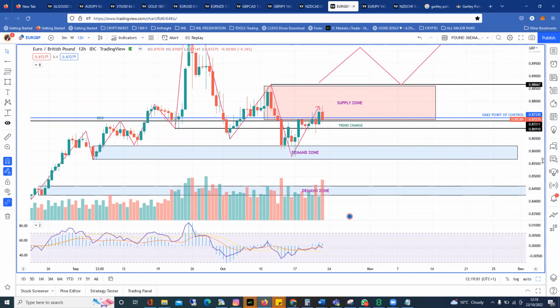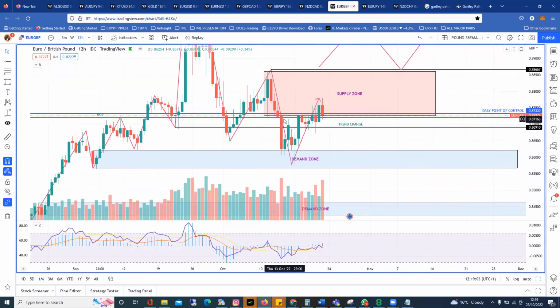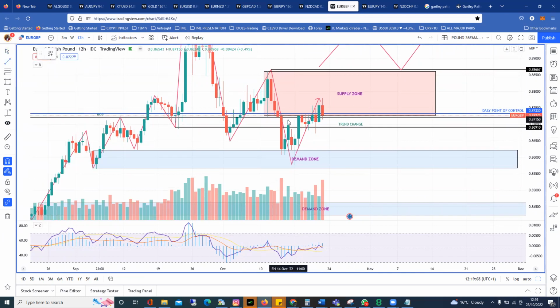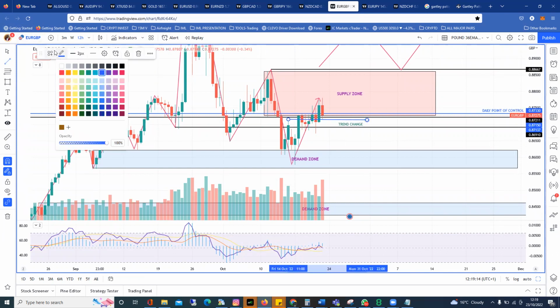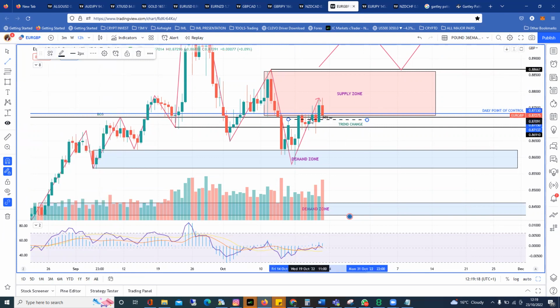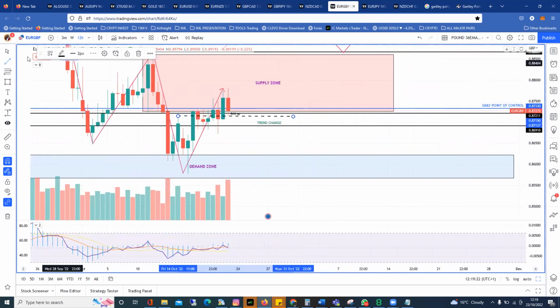What we can see is, structural wise, we start to break some little structure. We break this particular structure over here, which shows that the bullishness is picking up. And then we have another break of structure over here, this high. We trade above it again.